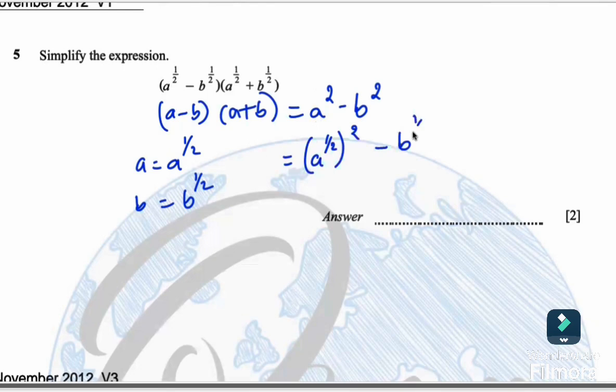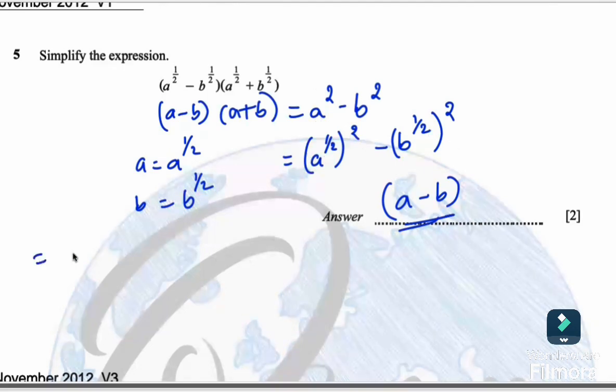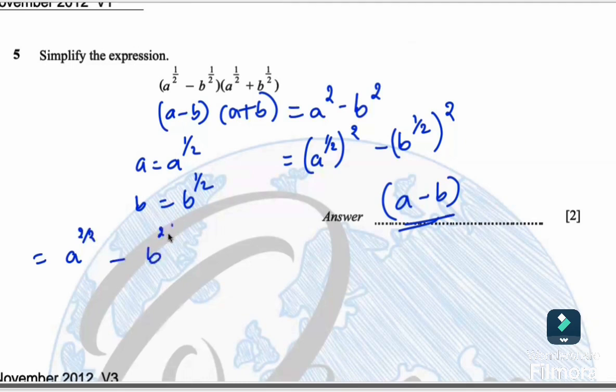So b power half in my problem. Therefore, 2 by 2. So I am left with the a minus b. What is 2 by 2? This becomes half to the power 2. Okay, so you can write them as a to the 2 by 2 minus b to the 2 by 2. So 2 by 2 becomes 1. So I am left with the a minus b.